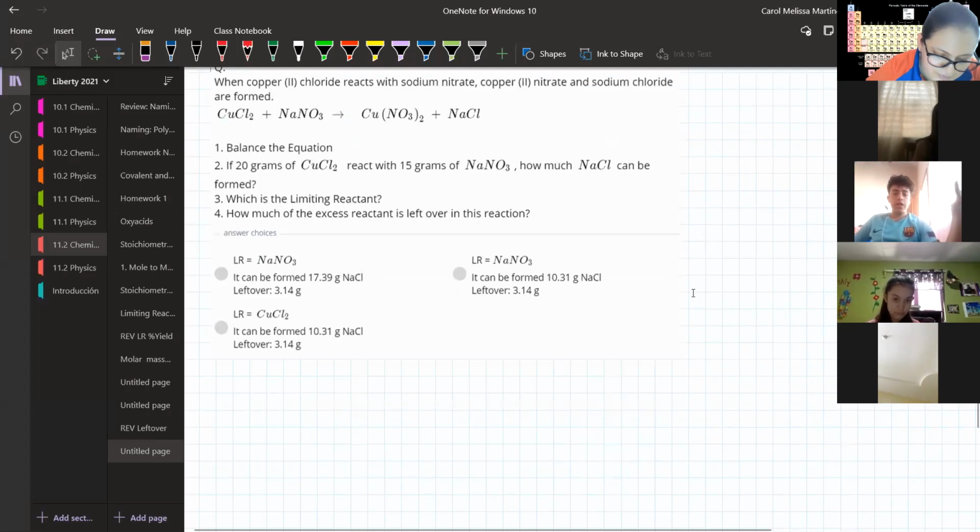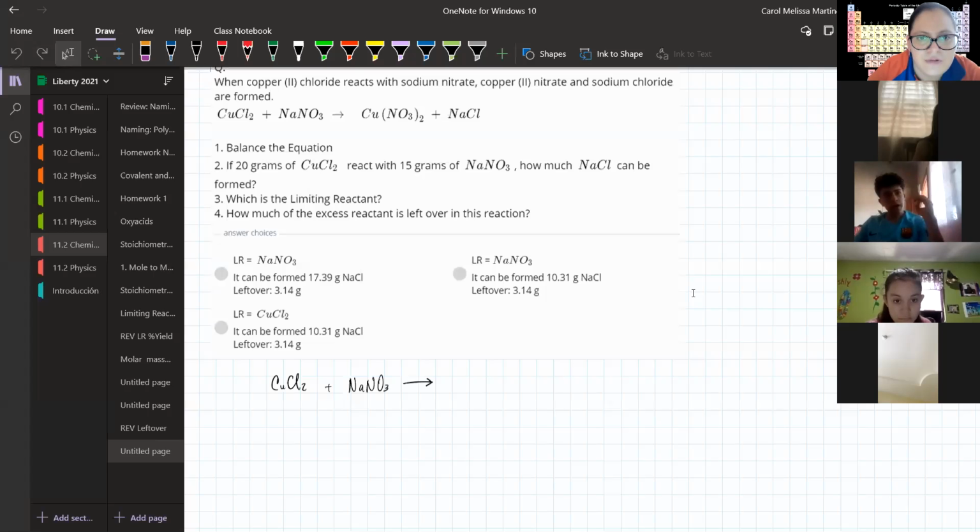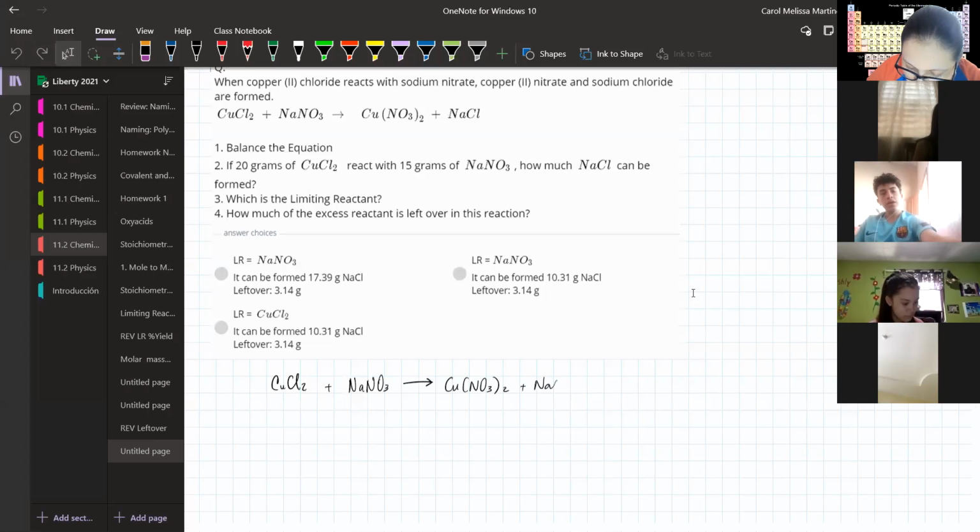So what I do in the first place, as I told you, I write down the equation. CuCl2 plus NaNO3 produce Cu(NO3)2 plus NaCl. The first thing I have to do is check if it's balanced.